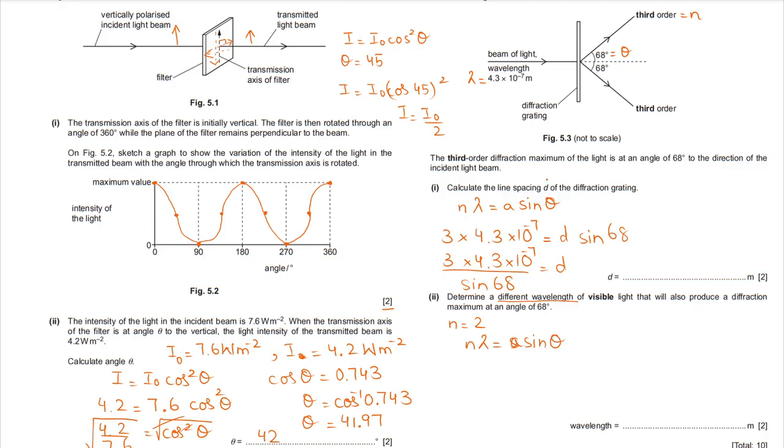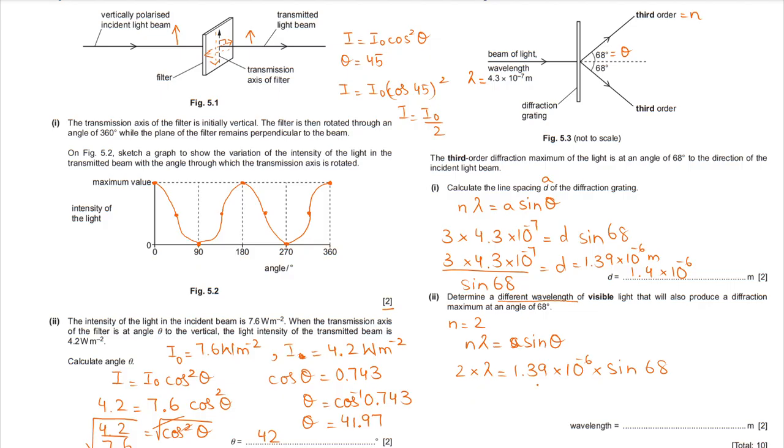Now n is 2, lambda is to be calculated. The value of d that you found in the last part, we can simply use that: 1.39 times 10 to the power minus 6, so about 1.4 times 10 raised to the power of minus 6, times sine of 68.